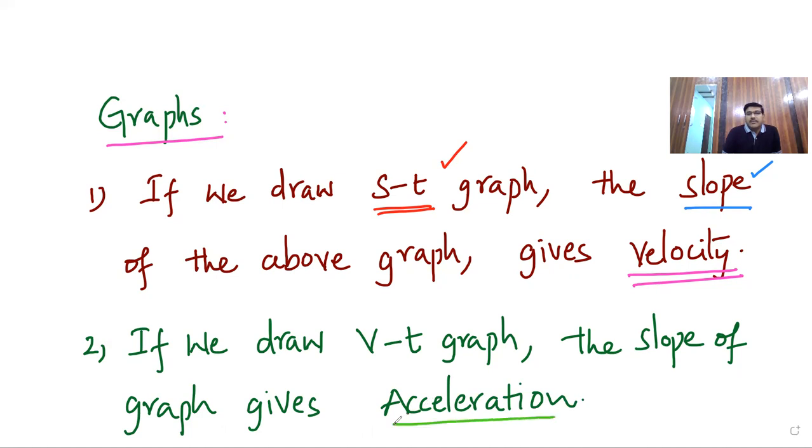If we draw the velocity time graph, the slope of that graph gives the acceleration. Is it clear? Now, let me show two graphs here.